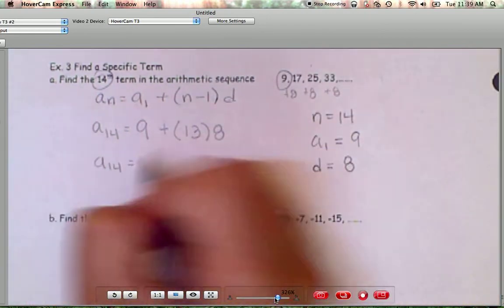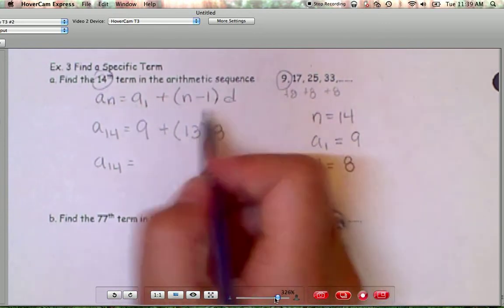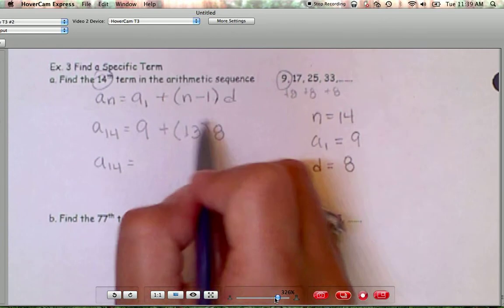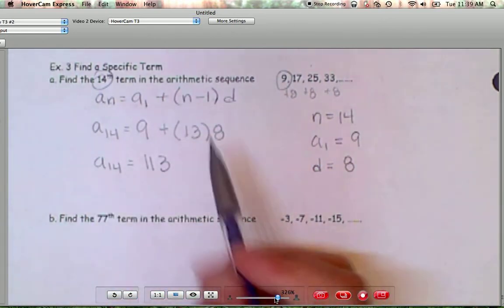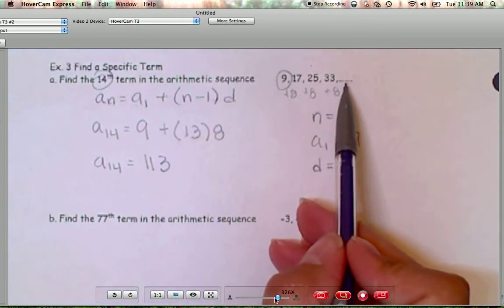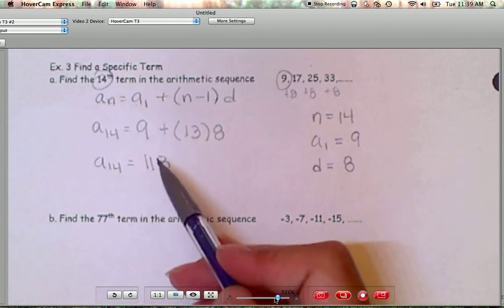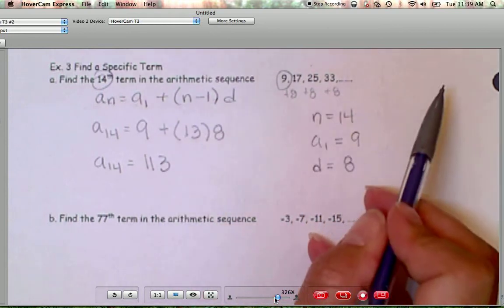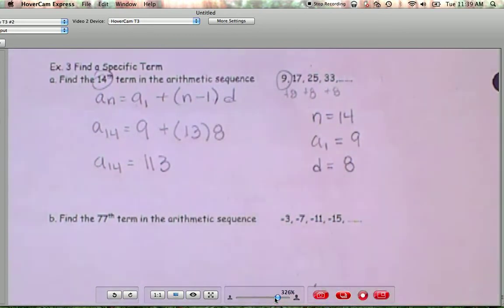So a sub 14 equals 9 plus 13 times 8. And so we do 13 times 8 and add 9 to it, and we end up getting 113. So the 14th term in this arithmetic sequence will be 113. And that takes less time than having to do it over and over again until you get to the 14th term. All right. What about B?